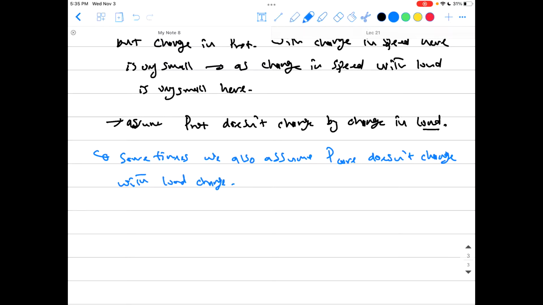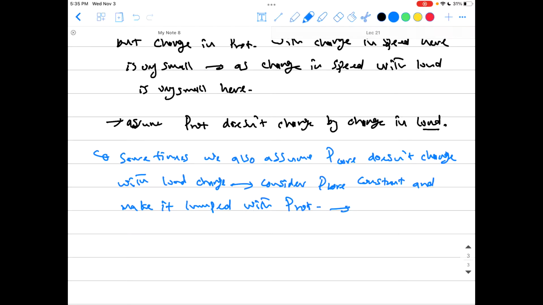Sometimes we find that the core losses do not change much with the change in the load, and that's why it's accurate enough to consider P core constant and lump it with the rotational losses, okay.